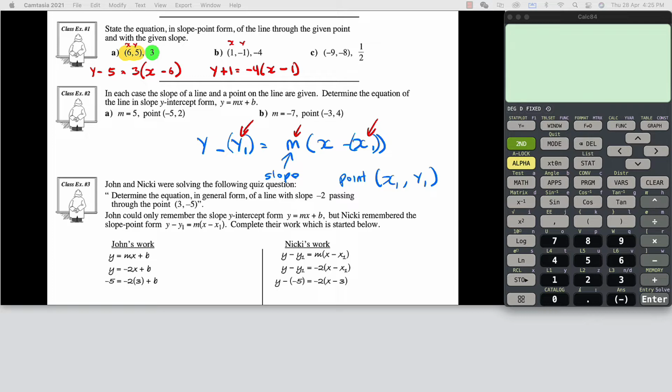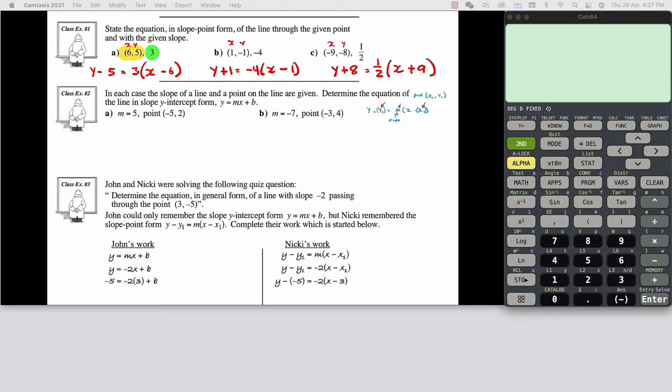Moving on to C, same thing. Y minus the negative 8, minus negative becomes plus 8, equals, this time the slope is a fraction, 1 over 2, times x minus negative 9, so minus negative 9 becomes plus 9, and we are done.